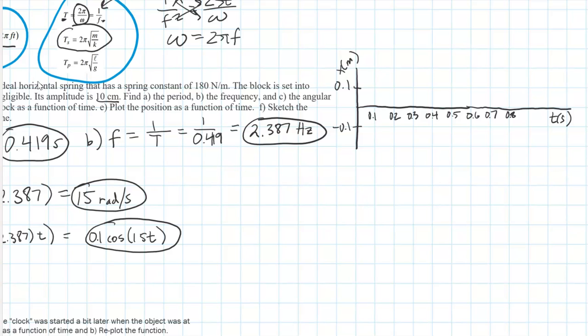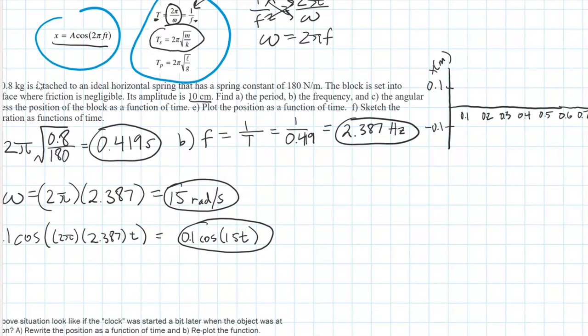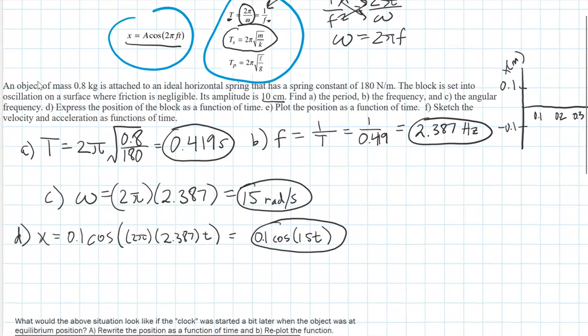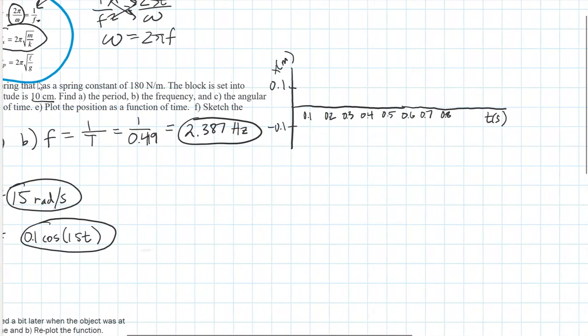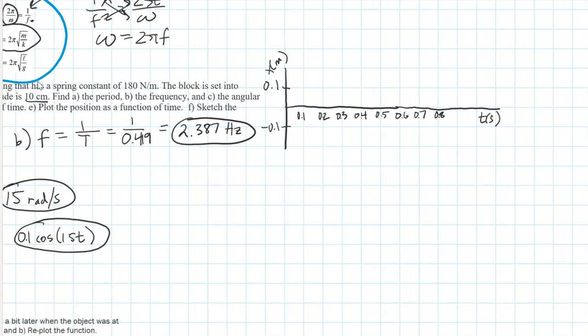So this is a cosine function, which means that if I plugged in 0 for t, my initial position is going to be at this maximum amplitude of 0.1. So I want to start by plotting it there. And then, like I said earlier, I know it's going to be at equilibrium in a quarter of the time it takes to get back to its original position.